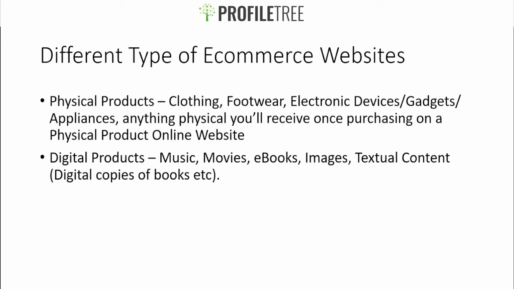And of course you've got Adidas and the likes of New Balance, other clothing brands and footwear brands, and Apple devices for gadgets or appliances. And I've stated that this is something that you'll receive once purchasing. So as you can see, that's the different sort of e-commerce site there.